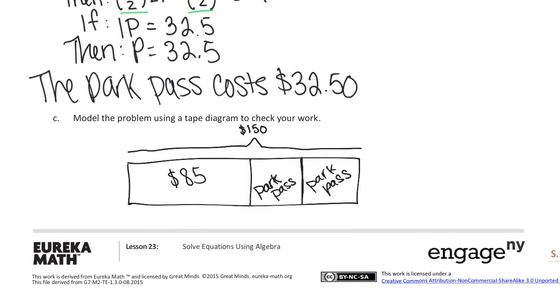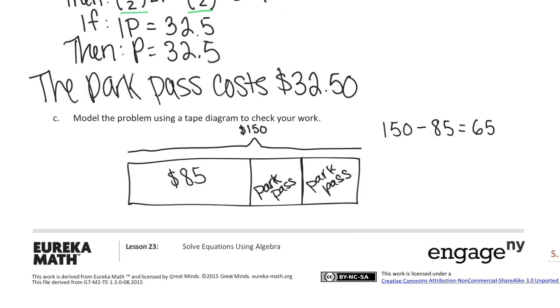Now, I'm going to take the total cost of my trip and subtract from it the fee that I know of, which is the fee of the hotel, $85. So I have $150 minus 85. And when I do that math, it is going to give me $65.